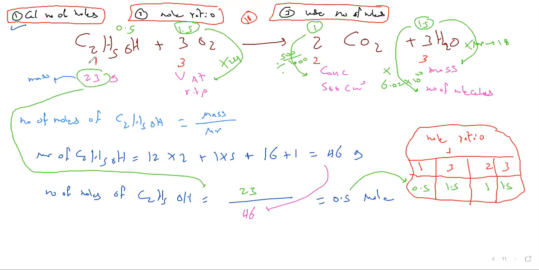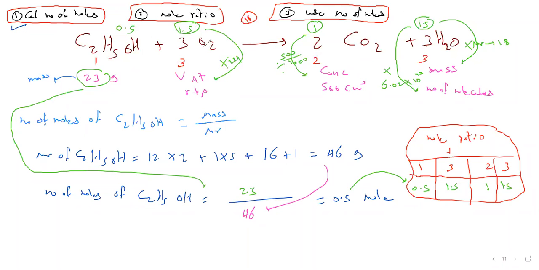These come from the balanced equation: 1, 3, 2, 3. After that, the new moles: 1 gives 3, so 0.5 gives 1.5. 1 gives 2, 0.5 gives 1. 1 gives 3, 0.5 gives 1.5. These are mole ratios to obtain the new moles.